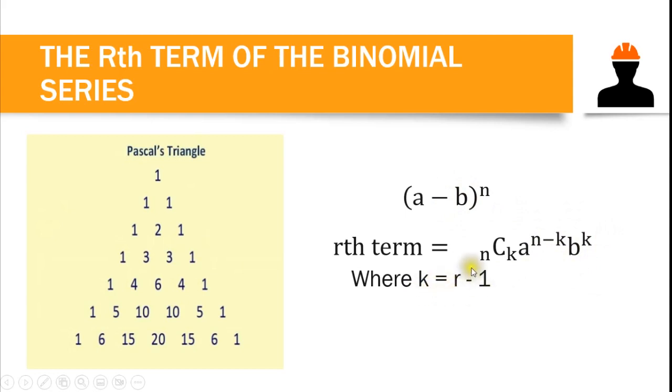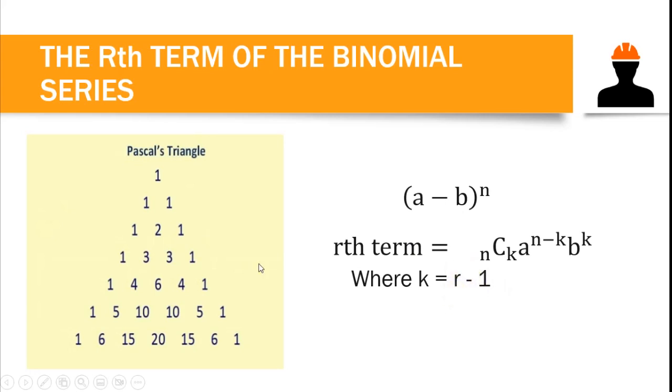R here is the term being asked in the problem. For example, what is the ninth term of the binomial expression x minus 2 raised to the fifth power? The r here is the r-th term we are asked to compute. So our k is just r minus 1.